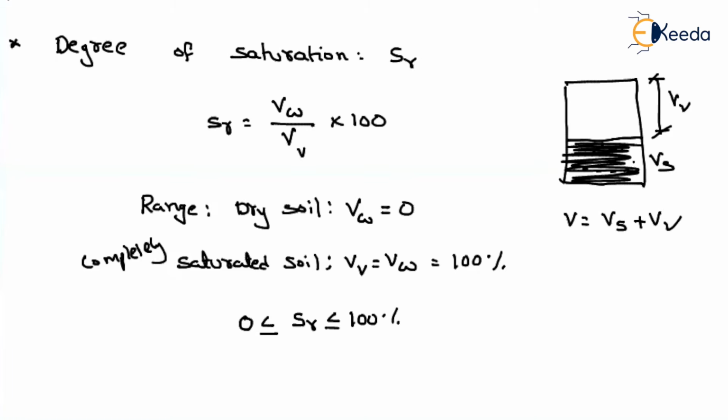Next, let us discuss the air content. What do you think on listening to this term air content, just like degree of saturation? Here also, air content means the fraction or percentage of air occupied in the soil.